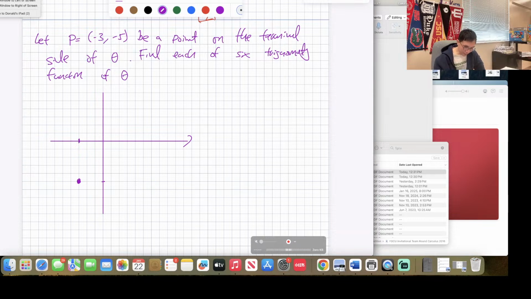Am I going fast? Now that's going to be a terminal side. And the way you draw an angle, a lot of you guys say, I don't know how to draw an angle. The angle is going to be from here to here. And we're going to call this angle theta.